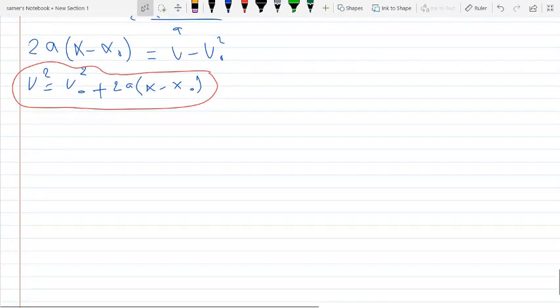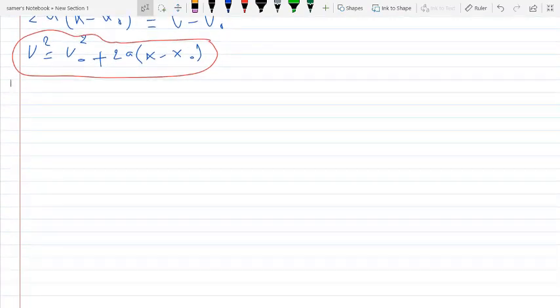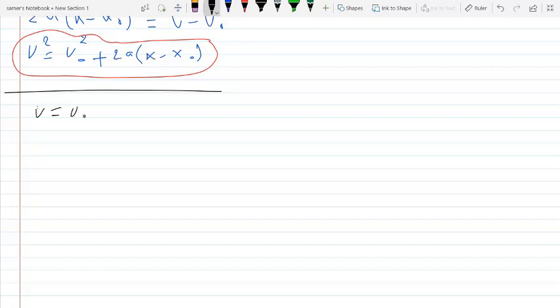Now let's summarize the equations of motion. So we have 4 equations of motion for constant acceleration. The first equation is v equals v0 plus at. We use this equation when x is not known, so it does not contain x. It contains v, v0, and t.